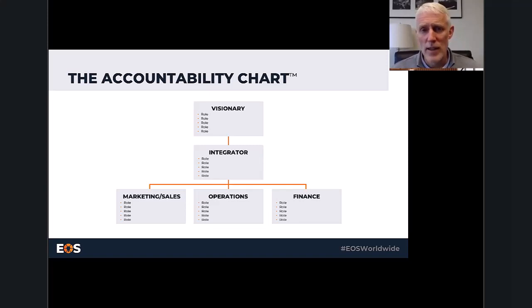Now, we start every accountability chart with a basic foundational picture, which is the picture I'm showing you here, that has 3 primary functions that we believe every business has. There's some sort of marketing and sales function, an operations or maybe multiple operations functions, and a finance function as part of this. We also have some terms called integrator and visionary, sometimes the same person, sometimes 2 separate people. Again, part of a discussion for a separate day.